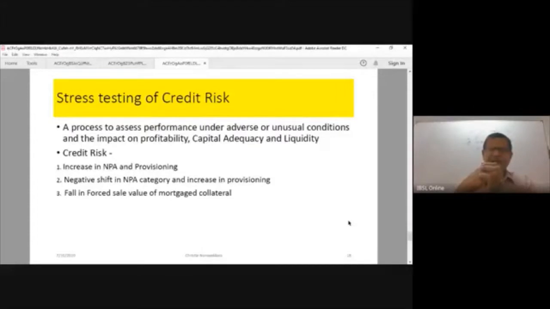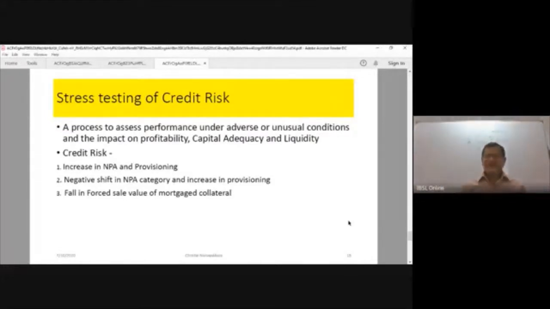When the NPA ratios rise, your profit level will go down, because those loans which have gone into arrears will not be recovered with capital plus interest. Sometimes you may have to write off, or reschedule, or give concession on interest. All those will affect the profitability.